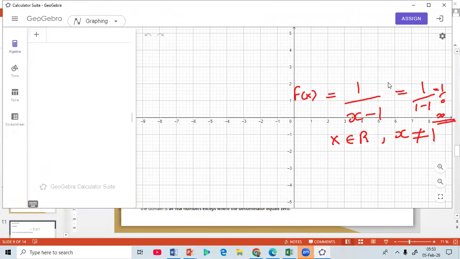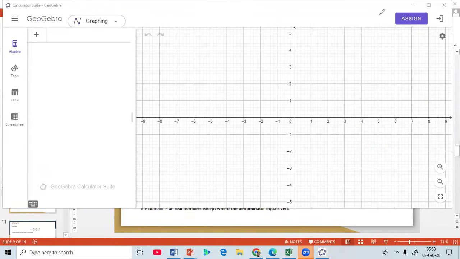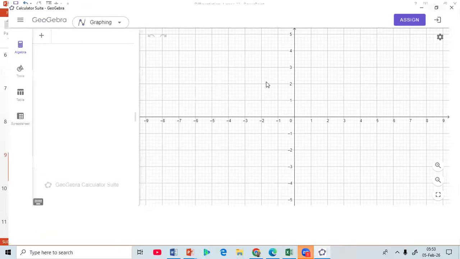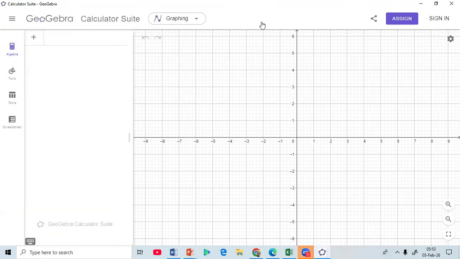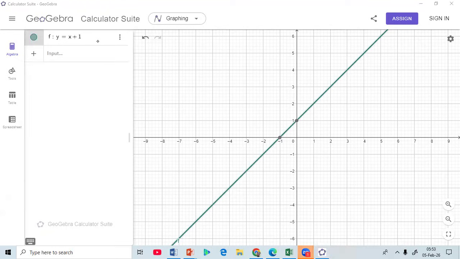Okay, I have my graph here. I wanted to show you. So I'm going to explain two concepts that I want you to understand. Now one, allow me to draw the graph of y equals x plus 1. When we talk about a domain, you look at the x-axis here.